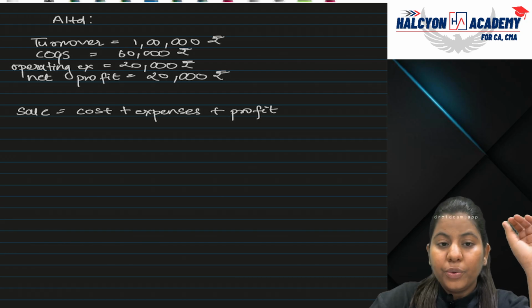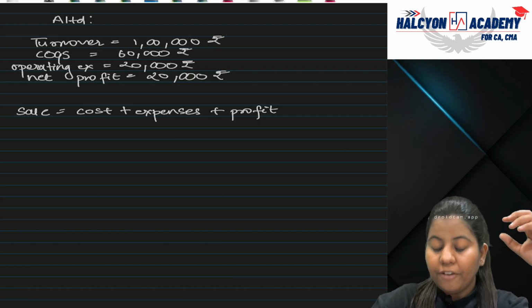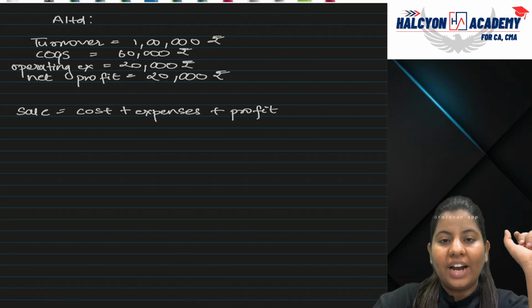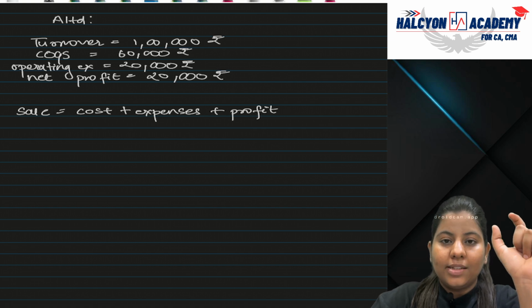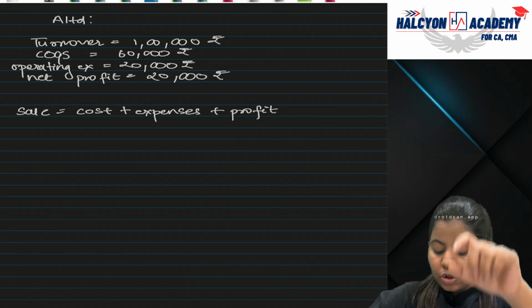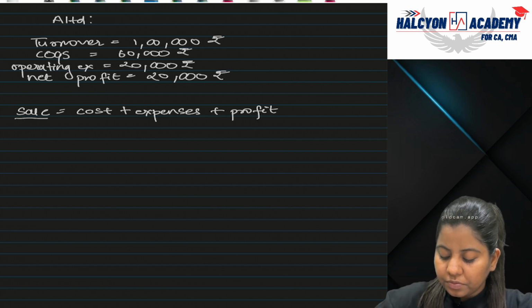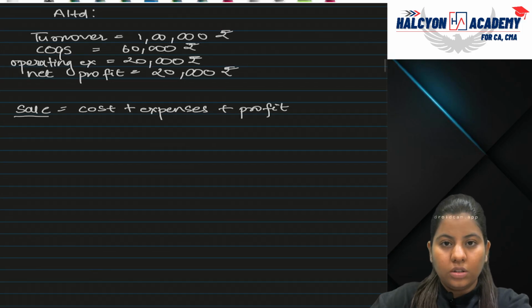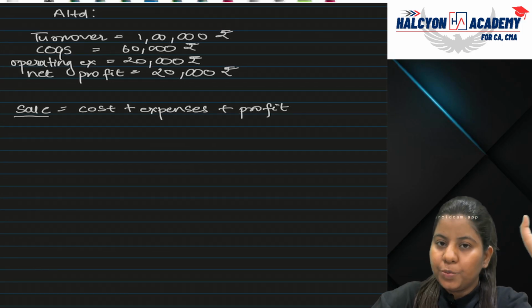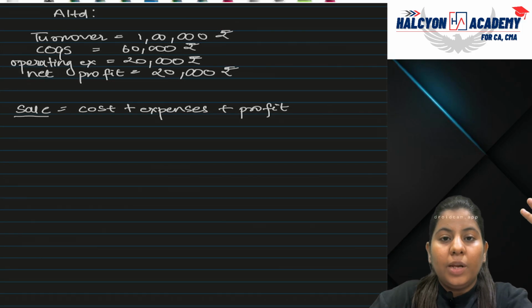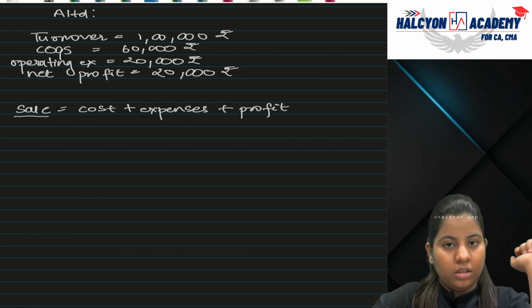So if you can see that we have figured out the sale amount by adding cost plus expenses plus profit. So in this sale amount, one part is cost, one part is expenses and one part is profit. So these three elements are making sale, right?